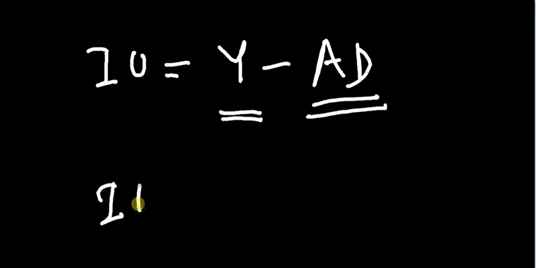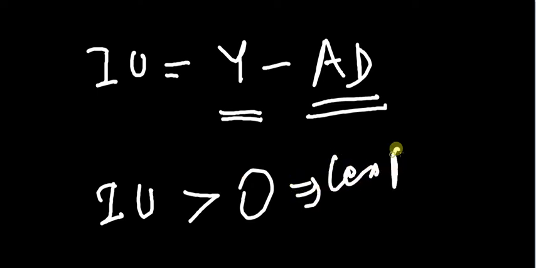Suppose IU, that is unplanned inventory, is greater than 0. We say we have produced more this year and I would like to produce a lesser amount next year. Suppose I produced 1000 units and only 800 were demanded. Then I know this year I produced a lot more than what people were demanding, so I will adjust and produce fewer units next year.